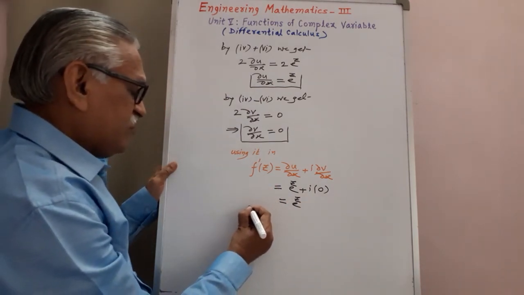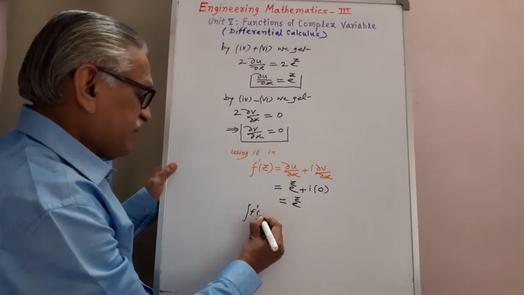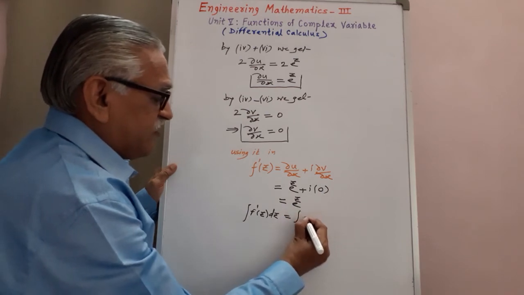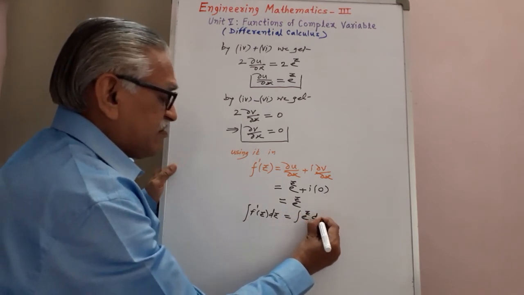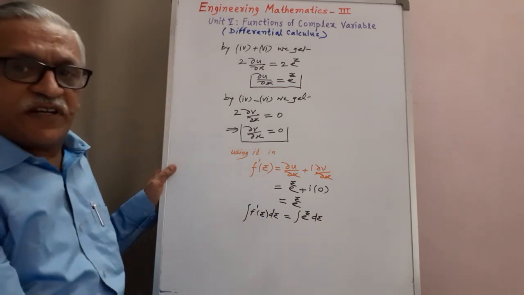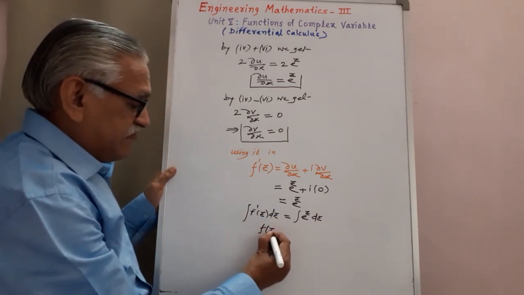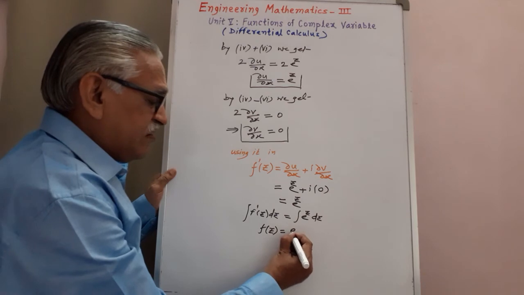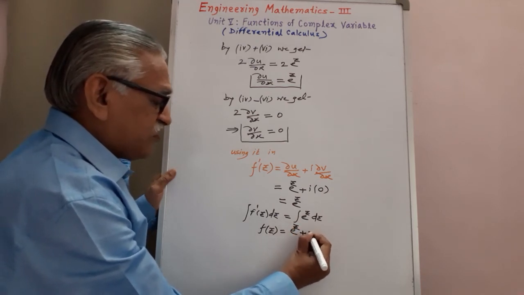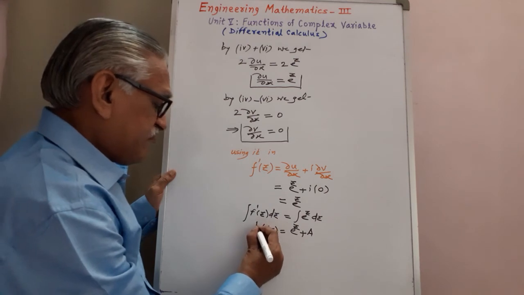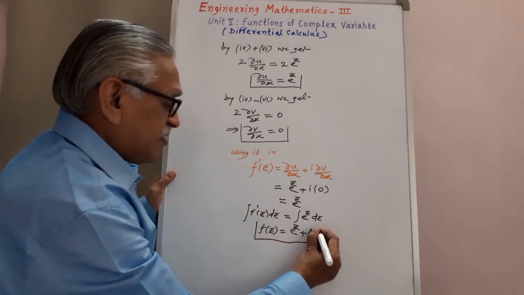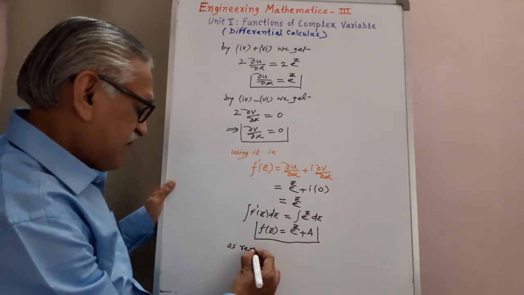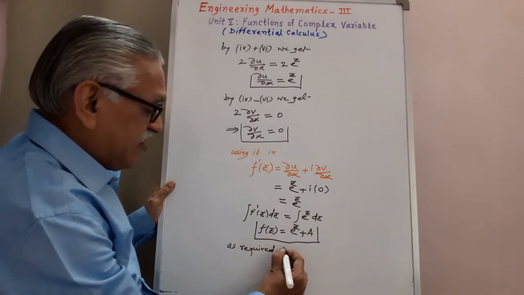Integrating with respect to z on both sides, the integration of f dash of z is f of z, the required analytic function, and the integration of e raised to z on the right-hand side is e raised to z plus a constant of integration. That is the required analytic function.